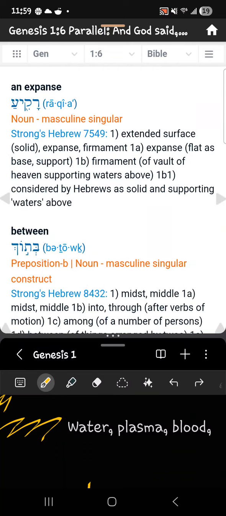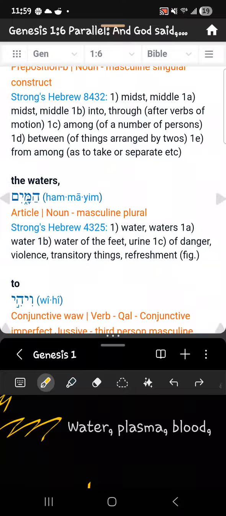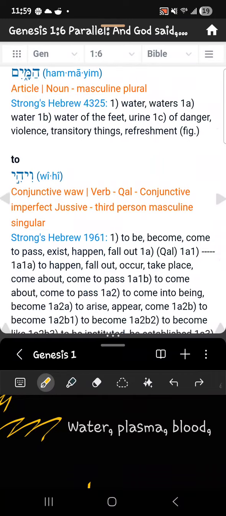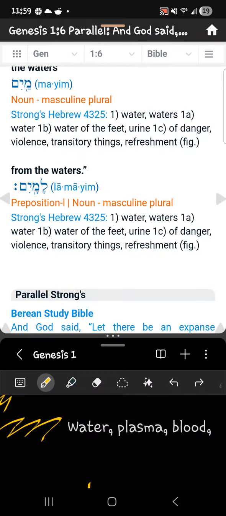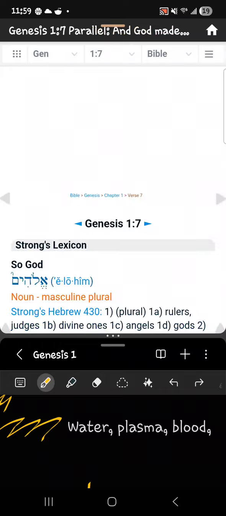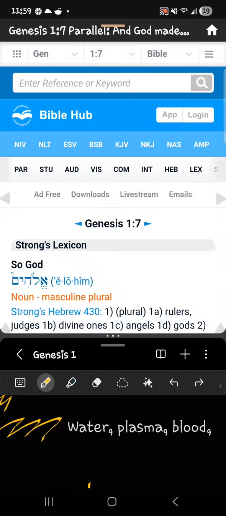This calls an expanse between, mind you, the waters, to separate between the waters from the waters. So we're not talking about male waters and female waters coming together, okay.